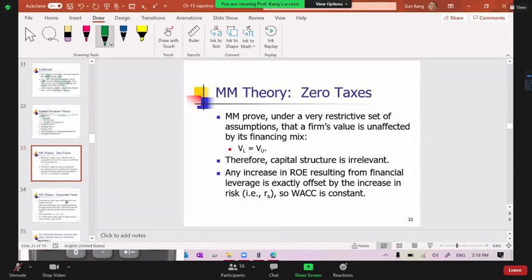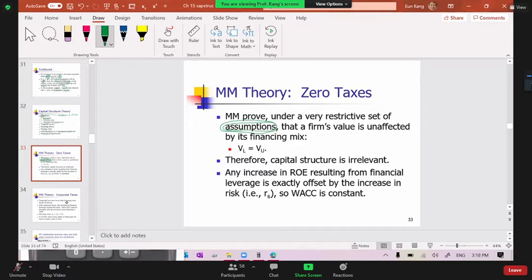So MM theory is the first paper, zero taxes. So MM proof under a very restrictive set of assumptions. This is important. Real life is extremely sophisticated. For you to make a generalization, you have to have many assumptions.